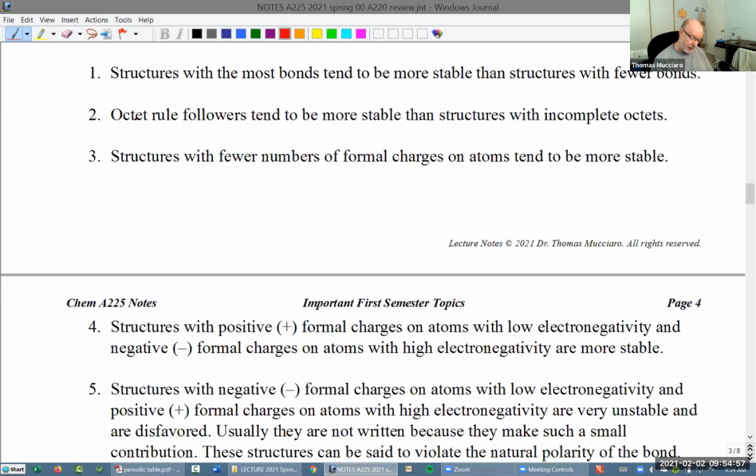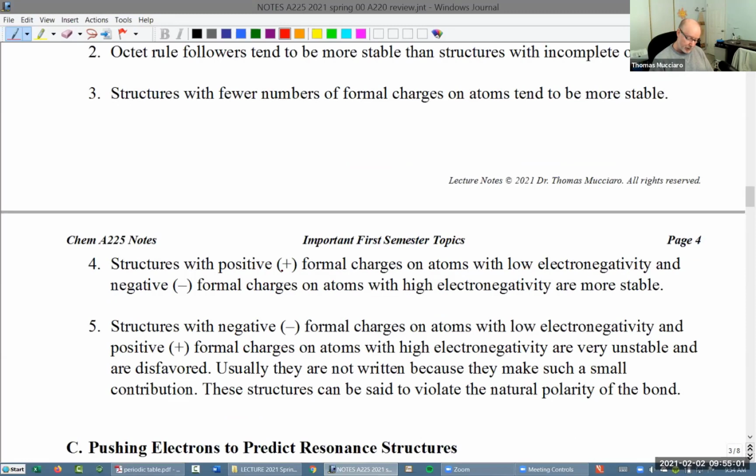And then fewer formal charges tends to be more stable. And then this one is a little more subtle. We'll talk about it again, but basically when you have a positive formal charge on low electronegativity atoms and a negative formal charge on high electronegativity atoms, that tends to be more stable. The opposite generally would be really unstable, but there are some exceptions to that. So we'll talk about that.